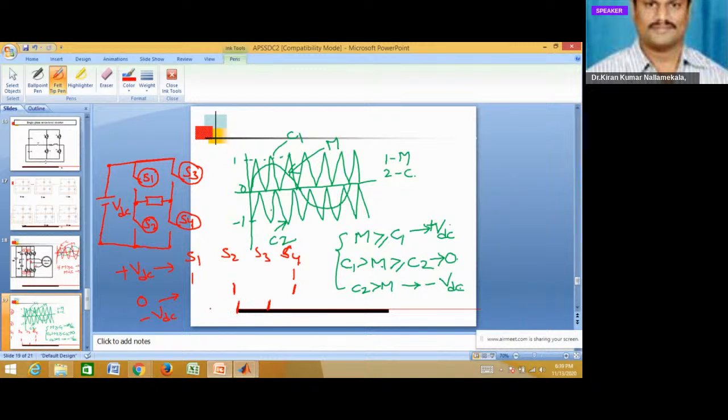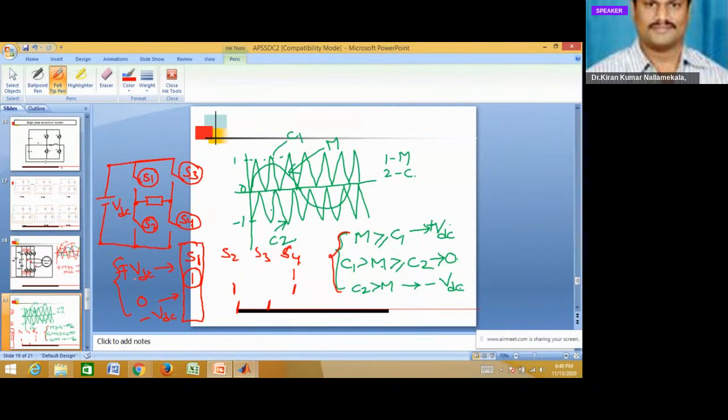After preparing this table and this table, you can correlate the switching pulses. See this table: S1 is turned on only during plus VDC.